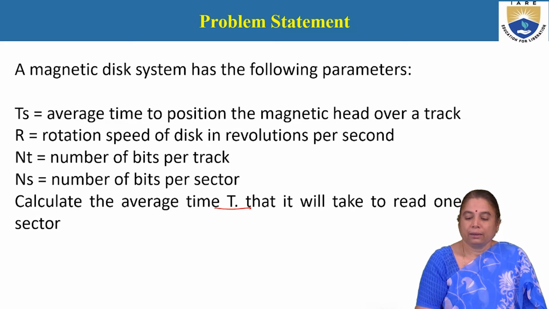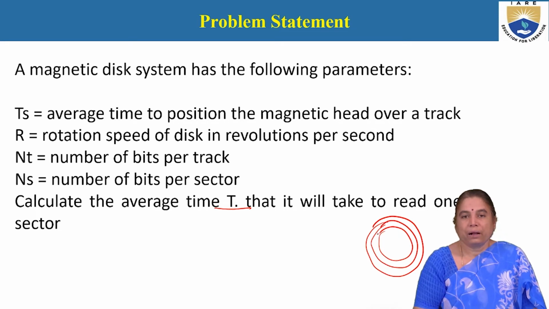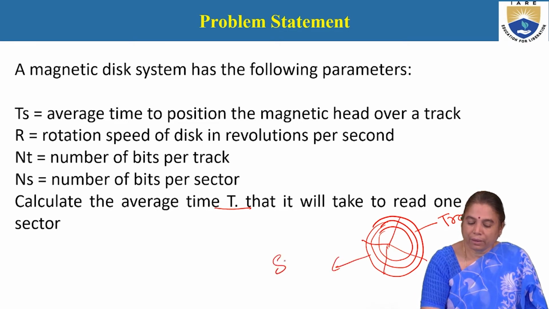So here the disk can have this architecture. The disk is made up of concentric circles. Each circle can be referred to as a track. And it is divided into parts, and each part can be taken as a sector.